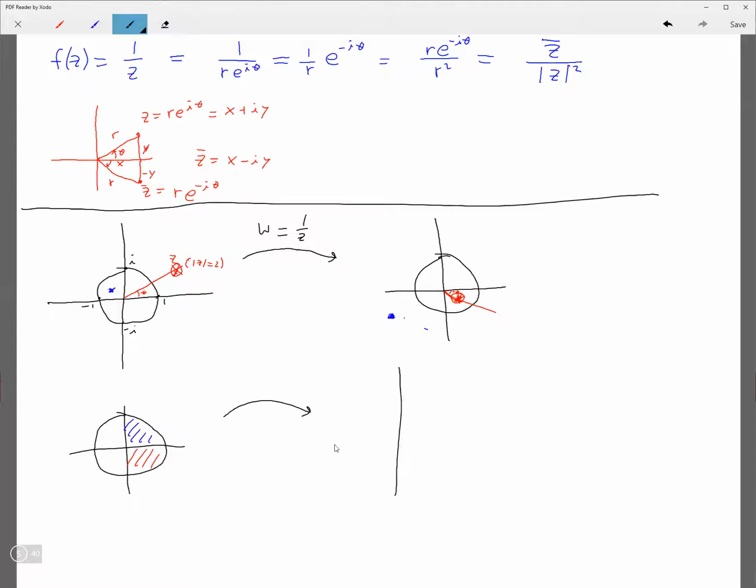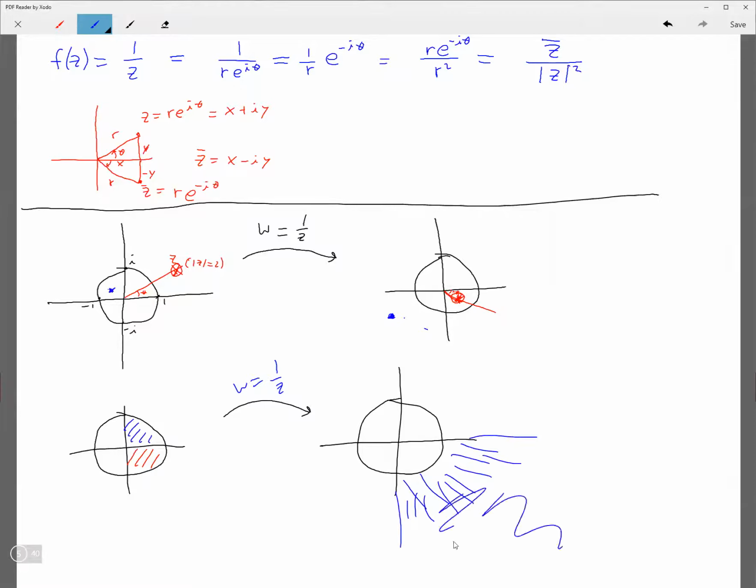So the question is, what's the blue region going to map to? Which quadrant will it be? First of all, the blue region. The fourth quadrant, right? Yeah. And it's actually going to be everything outside here, right? It's going to be everything outside.